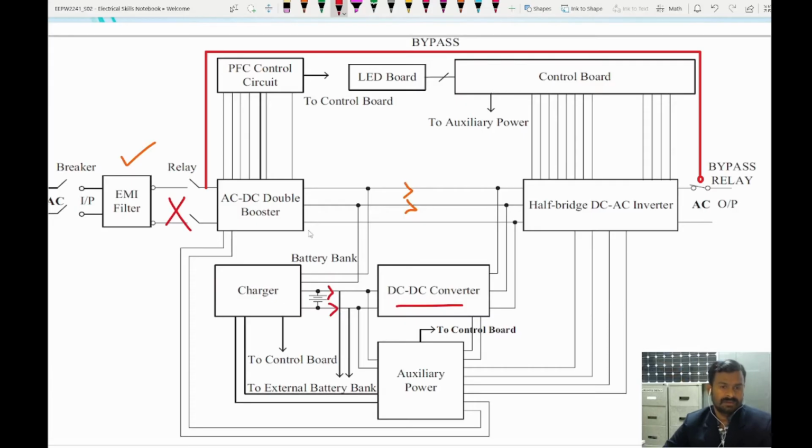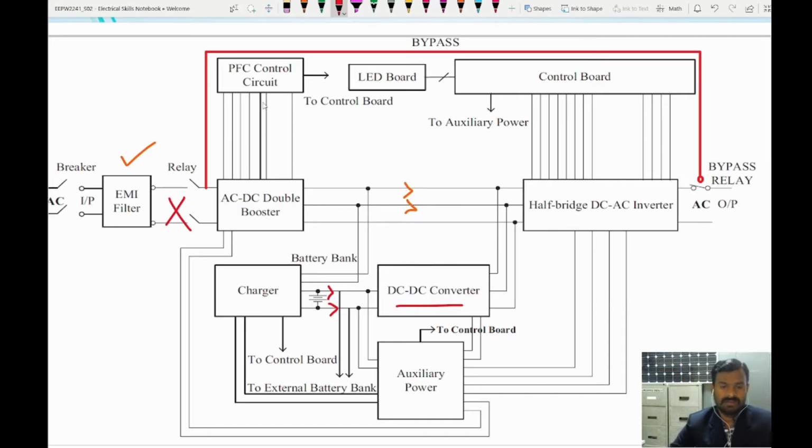This AC to DC double booster is going to rectify, and also it will boost the voltage, so that the DC bus link voltage is enough to feed the DC to AC inverter. We also have a power factor correction control circuit here on the input side.